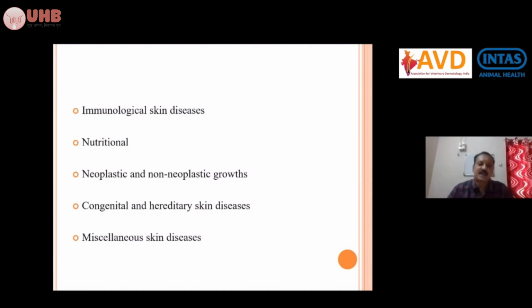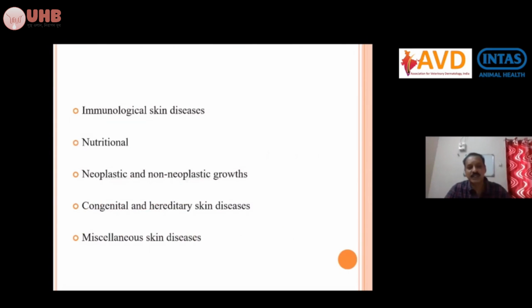There are immunological skin lesions and nutritional ones related to copper and zinc. Immunological means adverse reactions, drug-related adverse reactions, or other immune mediated skin disorders. Neoplastic and non-neoplastic growths like wart and papilloma are commonly seen in large animals.